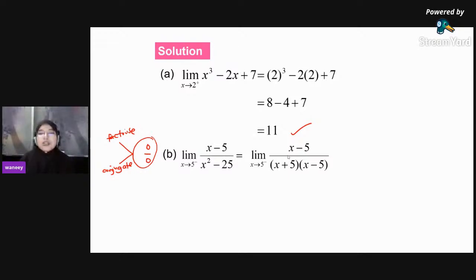So we cancel out x minus 5 on top and bottom, and we end up with 1 over x plus 5. Now substitute the value of 5 in. We get 1 over 5 plus 5, which is simply equal to 1 over 10.